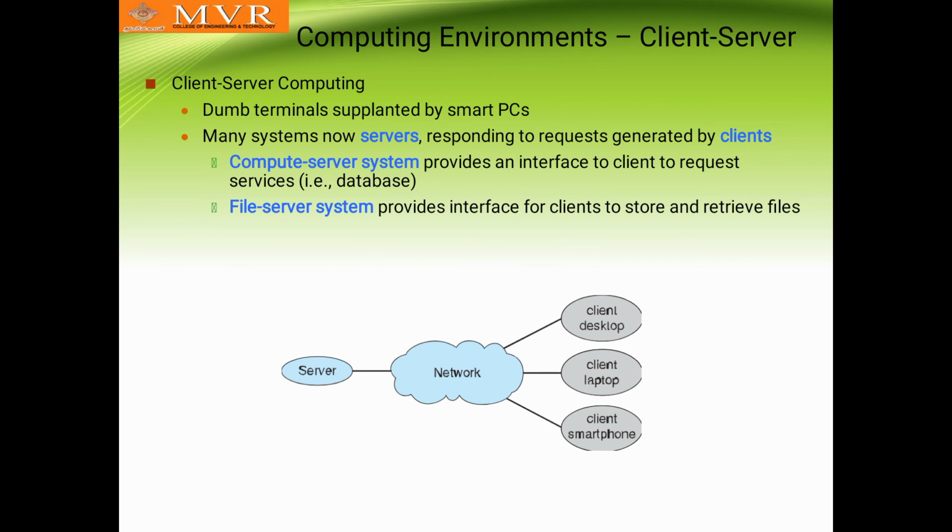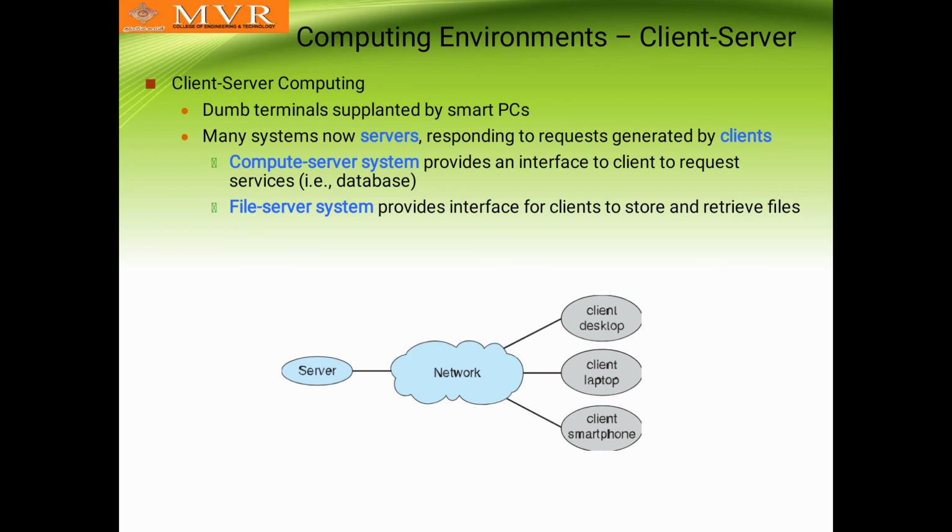Computing environment in client-server. In client-server, dumb terminals are superseded by smart PCs. Many systems now act as servers, responding to requests generated by clients. A compute-server system provides an interface for clients to request services, such as a database. A file-server system provides an interface for clients to store and retrieve files.